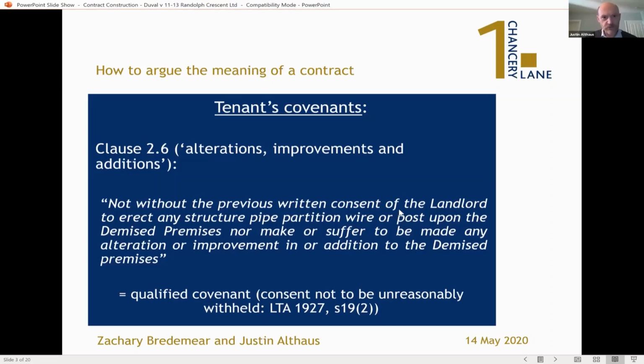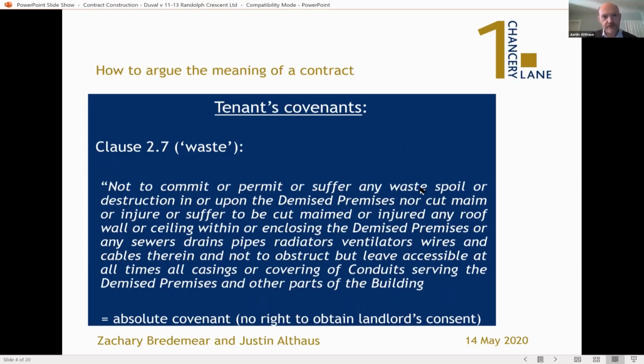So that's clause 2.6. The second one is clause 2.7, which is headed waste, and that says that the tenant covenants not to commit or permit or suffer any waste, spoil or destruction in or upon the demised premises, nor cut, maim or injure or suffer to be cut, maimed or injured any roof, wall or ceiling within or enclosing the demised premises, or any sewers, drains, pipes, radiators, ventilators, wires and cables therein, and not to obstruct but leave accessible at all times all casings or covering of conduits serving the demised premises and other parts of the building.